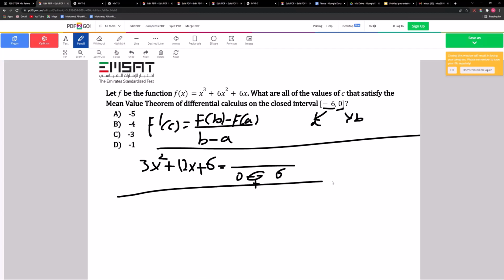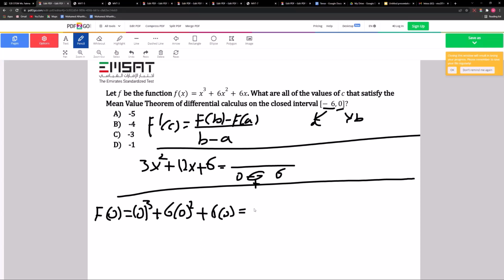Then we put, instead of x, negative 6 and 0. Let us try it. f of 0 equals 0 to the power 3 plus 6 in brackets 0 squared plus 6 in brackets 0.